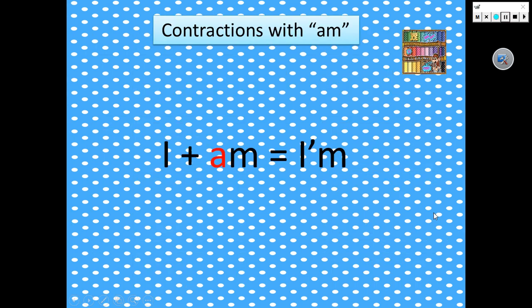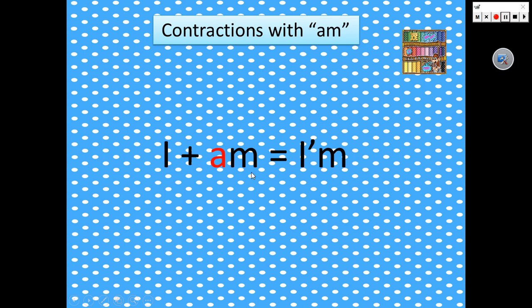Okay, now when we're making contractions, when you are writing them, it can be tricky because you have to take out some letters and then you have to put the apostrophe in the right spot. So when you are making a contraction with the word am, the one we usually use is I am.